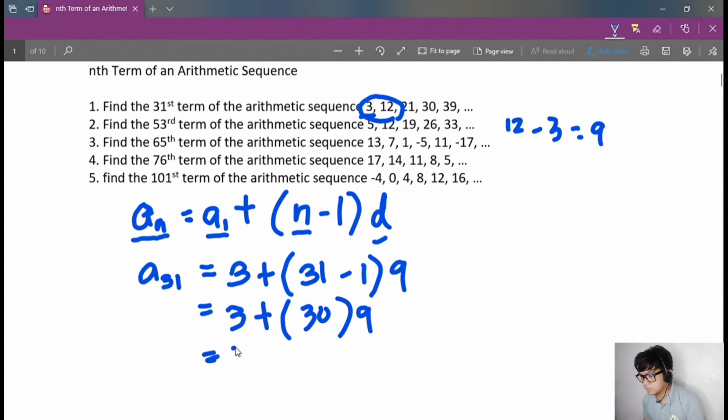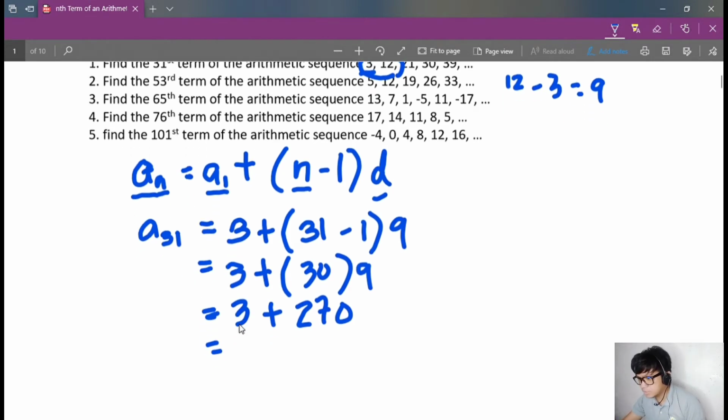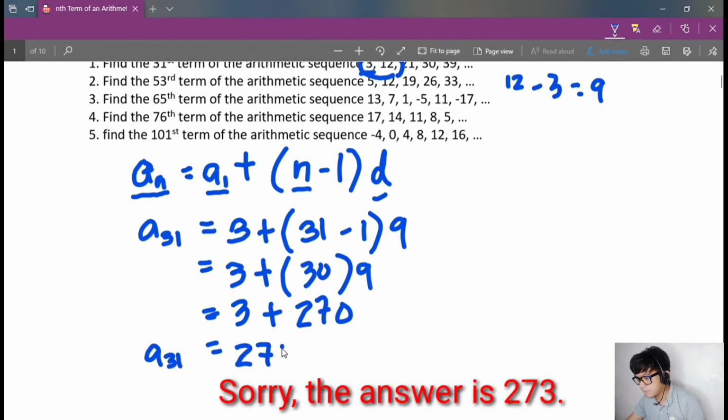Next, 3, then 30 times 9. So what is 30 times 9? 30 times 9 is equal to 270, and lastly we have a sub 31 is equal to 3 plus 270 is 273.